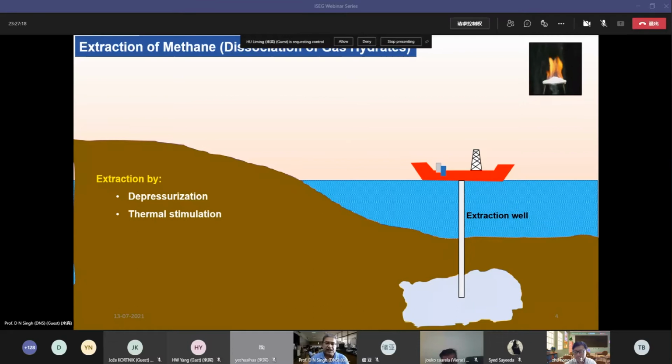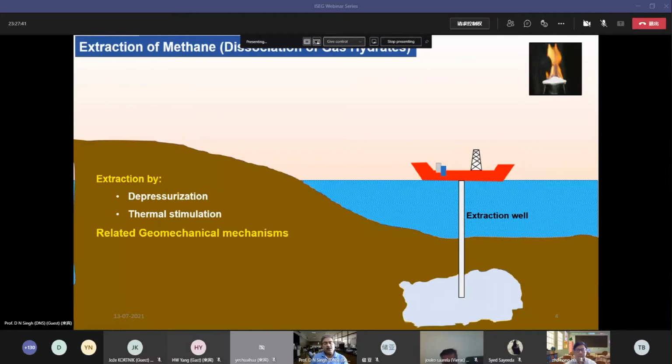Then thermal stimulation: if I heat up the entire system, I can create a thermodynamically unstable situation which will allow migration of methane from these reservoirs. I wanted to simulate both these conditions in the laboratory, and this is where our efforts are on right now.